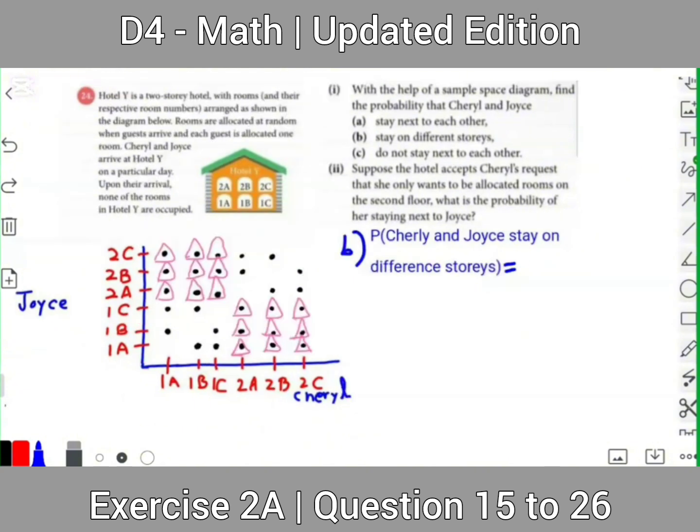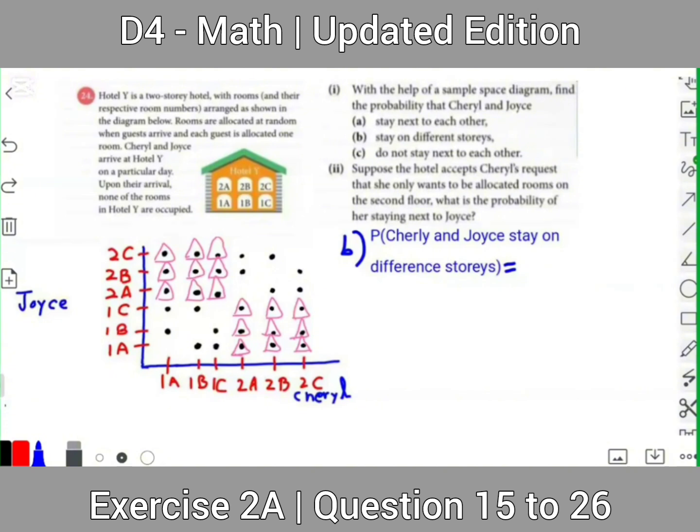For part B, we have to find out the probability that Chiral and Joyce stay on different stories. So here we have marked the ordered pairs that show that Chiral and Joyce stay on different stories by triangles in pink color.